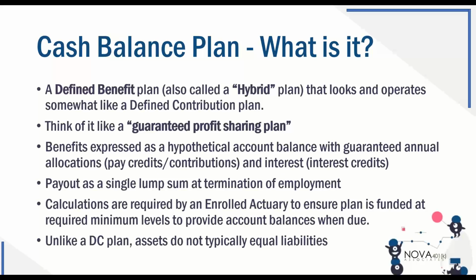It is generally paid out as a single sum at termination. There's an enrolled actuary involved, just like any DB plan. And unlike a DC plan, the assets do not typically equal the liabilities. They very rarely equal the liabilities.